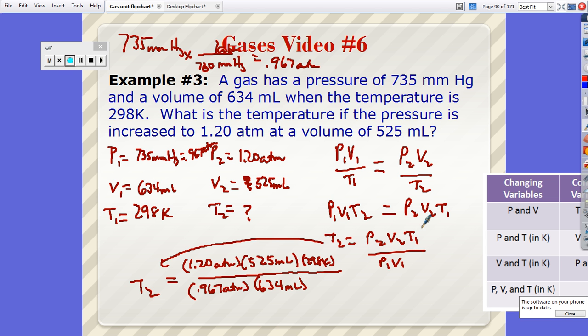And you can see how the units are going to end up canceling each other out, the ATMs and the milliliters, and you'll have an answer left in Kelvin. So I'm going to do 1.20 times 525 times 298 divided by 0.967 divided by 634. I do that without any kind of parentheses, and I get 306 Kelvin for my final answer.